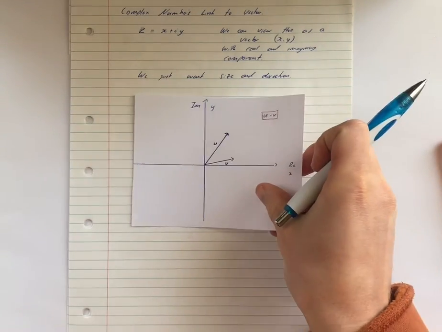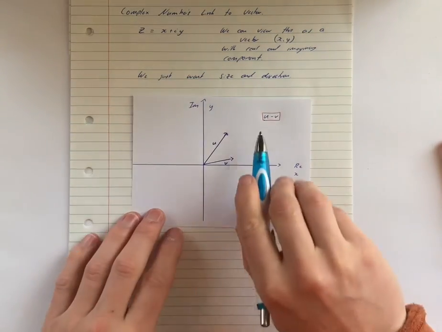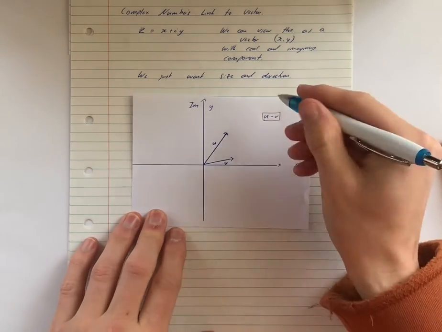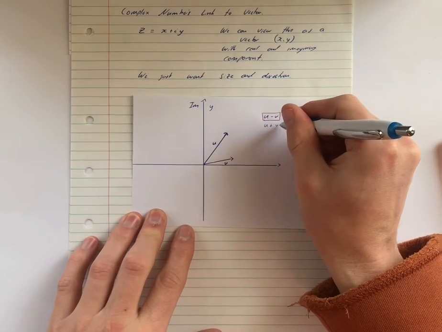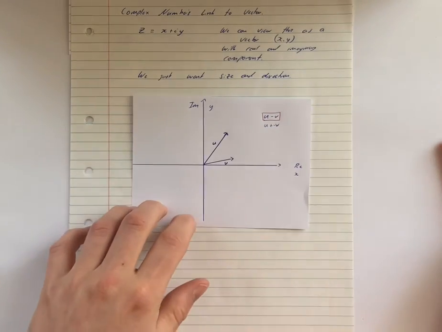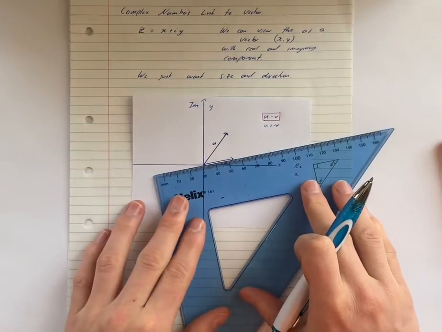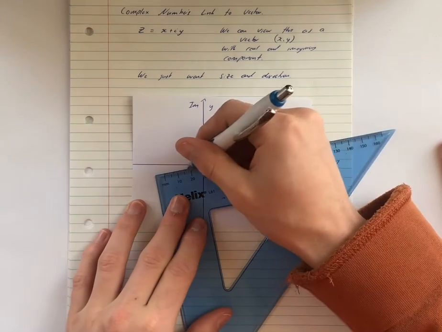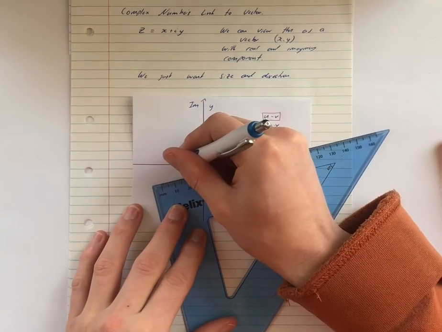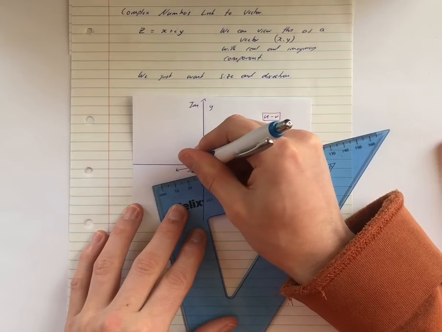And it's very similar if we're subtracting vectors. So u and we're subtracting v, that will be the same as u plus negative v. So negative v would be in the opposite direction. Negative v would be there. That's negative v.